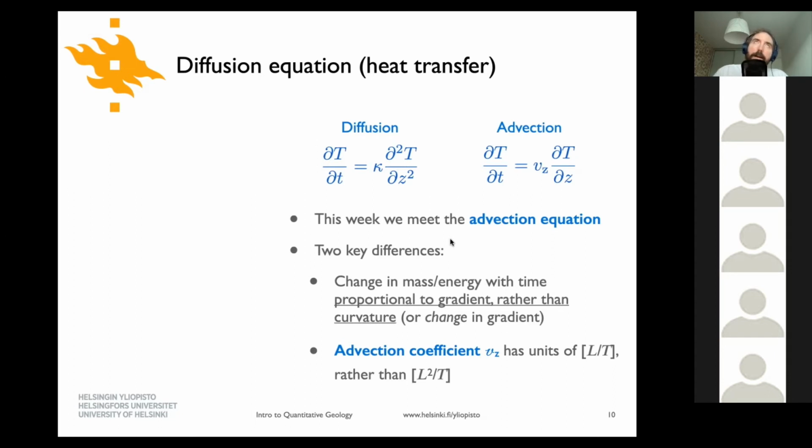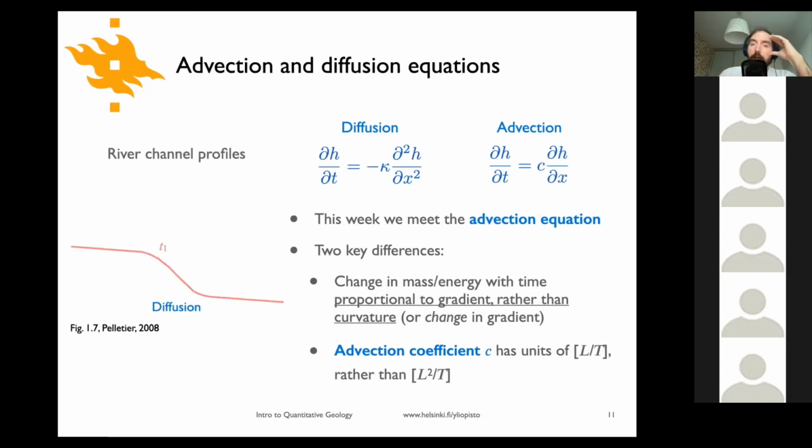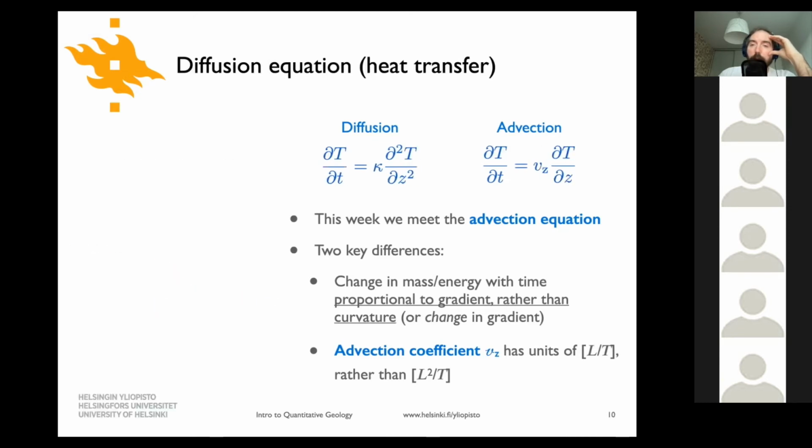Now, I have found some okay visualizations for this heat transfer thing, but it's actually a bit easier to look at this in the context of river erosion, which is why I did this before. It works exactly the same way for river erosion as it does for heat transfer. Sorry to jump to a slightly different equation, but you'll see it is almost not different at all. Here we have temperature when we're dealing with heat.